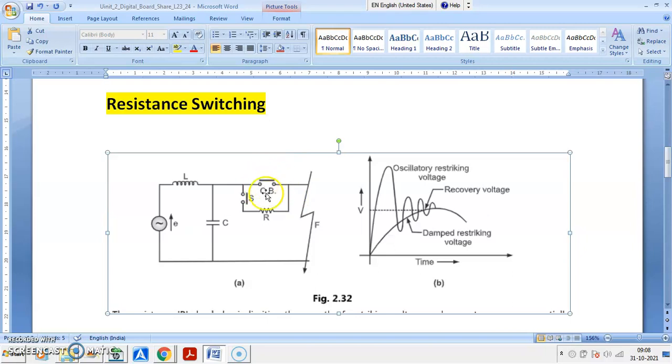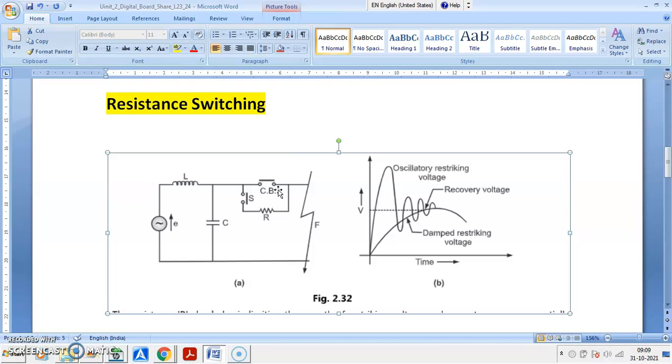Therefore, ionization rate decreases or deionization increases. So consequently, we can say that the arc resistance also increases, so that current through arc decreases, and this continues till arc current is insufficient to maintain the arc.